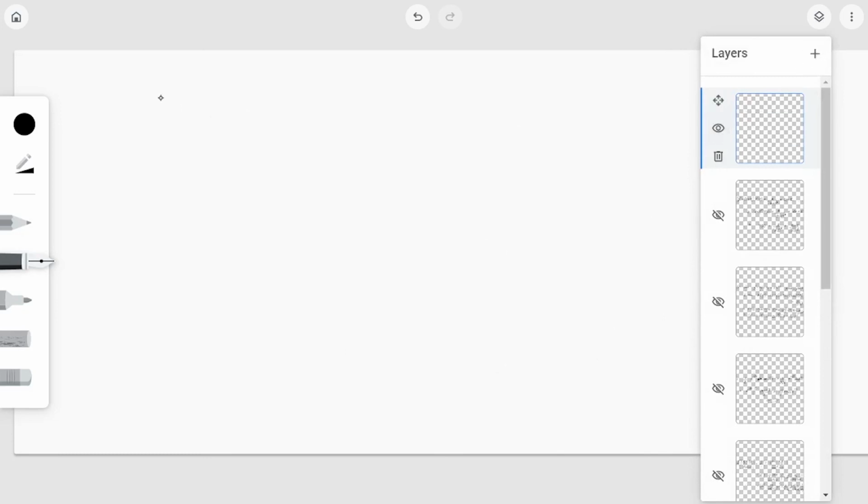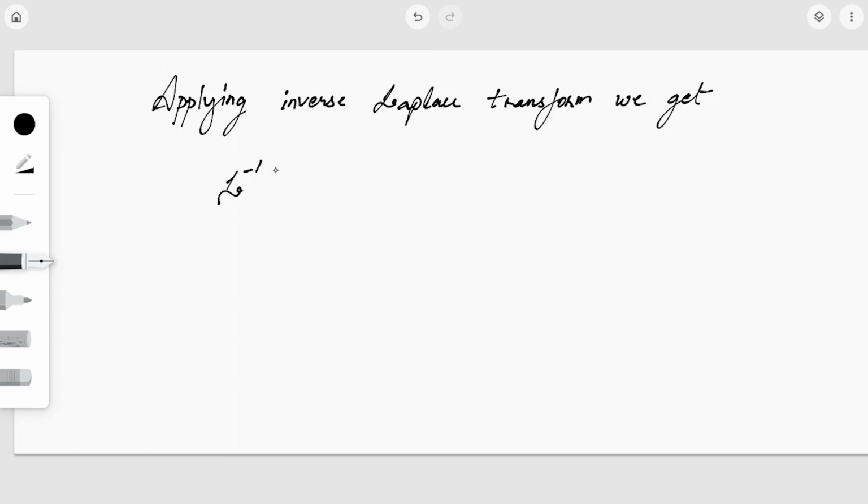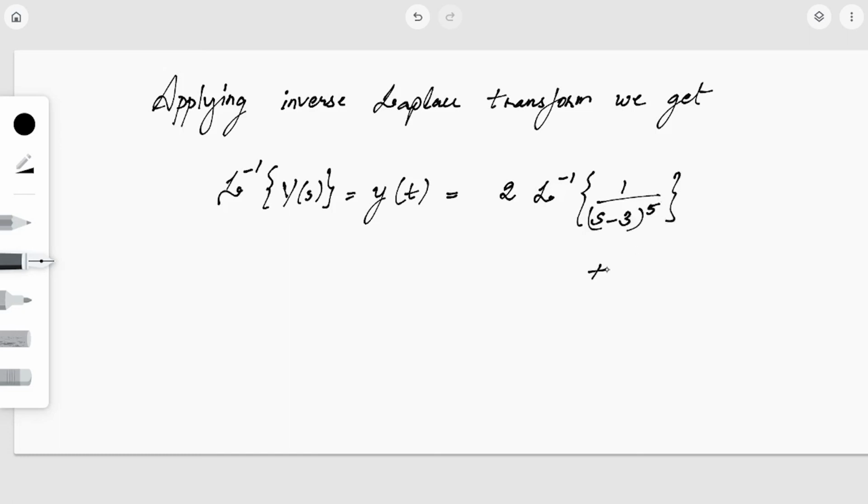Applying inverse Laplace transform, we get y of t, that is L inverse of Y of s, y of t will be equal to 2 times L inverse of 1 by s minus 3 whole raised to 5 plus L inverse of 2s plus 5 divided by s minus 3 whole square.